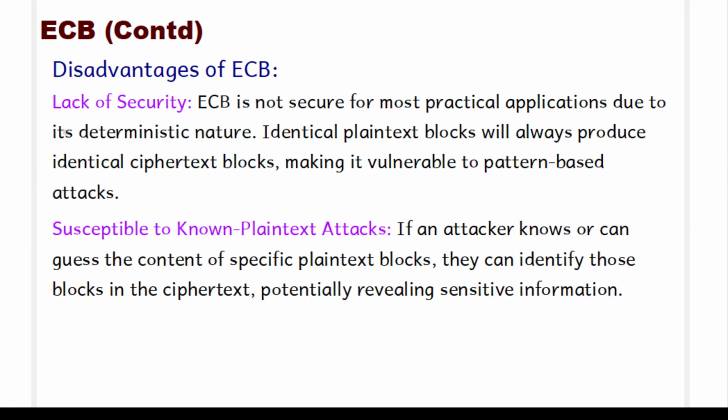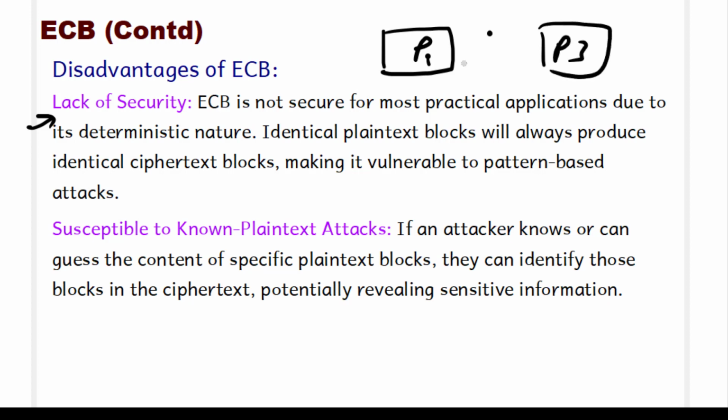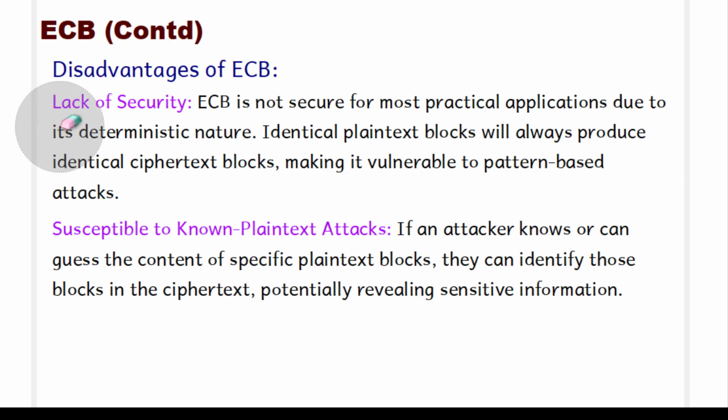Now the disadvantage part, the first is the lack of security. Now why is it lack of security? Because suppose we have a plain text block P1 and another block, let us say P3. These two blocks P1 and P3, if they have the same plain text, then their ciphertext will also be the same. So if both are the same, or in any case if any two blocks are identical, then their ciphertext would also be identical.